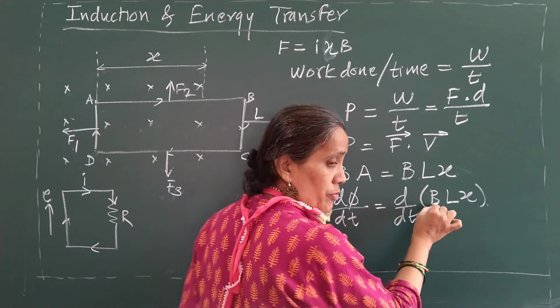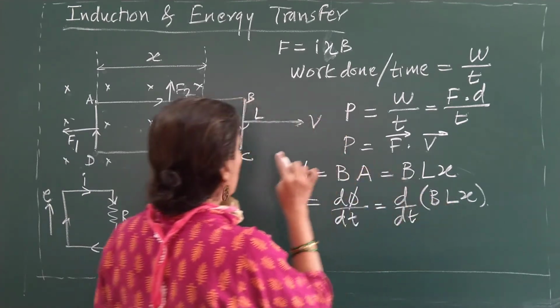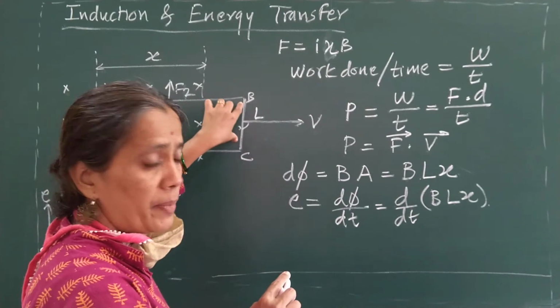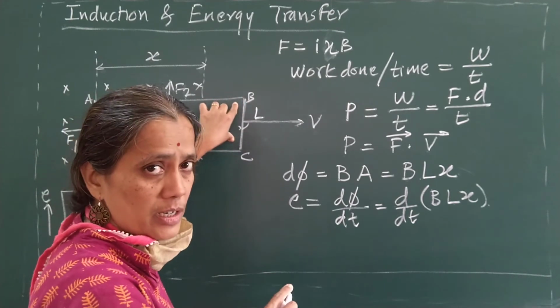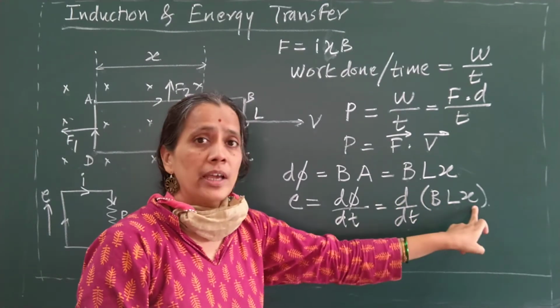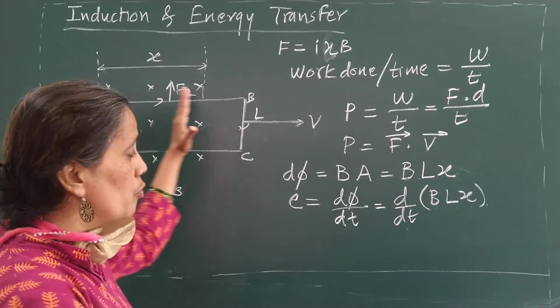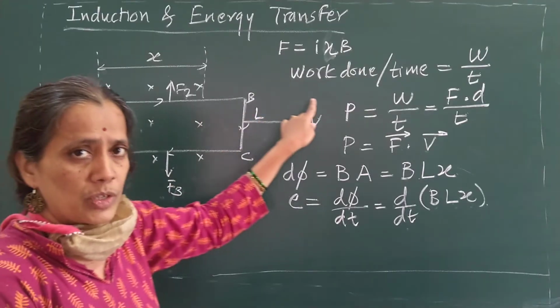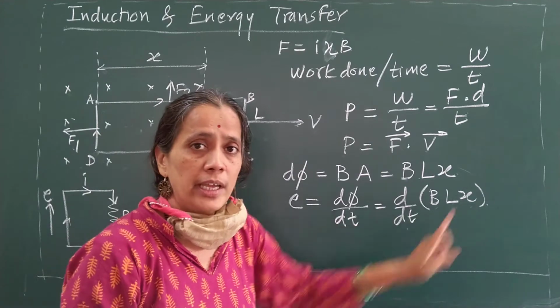Now B is the uniform magnetic field, and L is the length of the BC part on which we are applying the velocity, which remains constant. So B and L are constant. What gets differentiated is X, because when we move out the coil, the X part of the coil starts reducing. Therefore we differentiate dx.